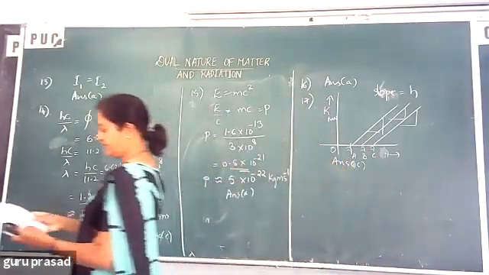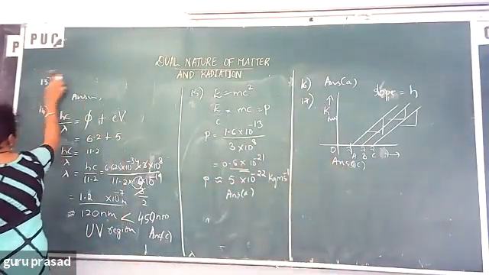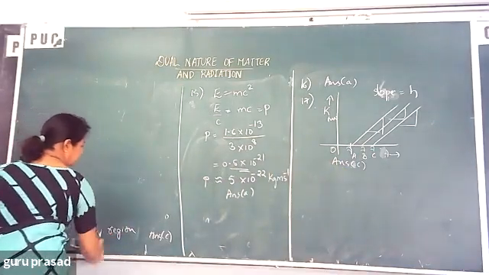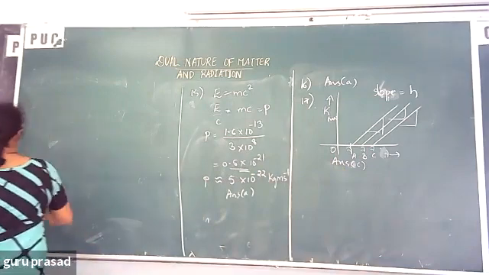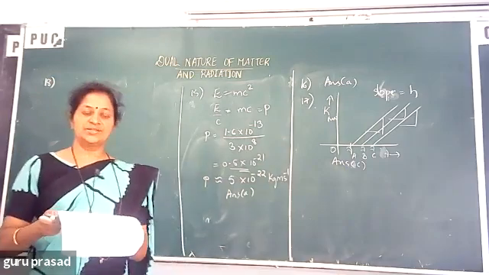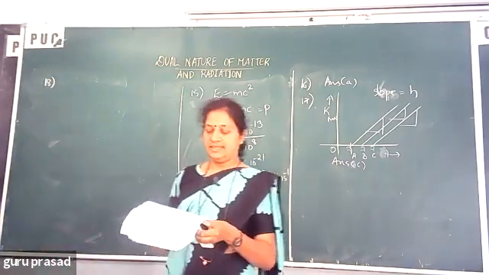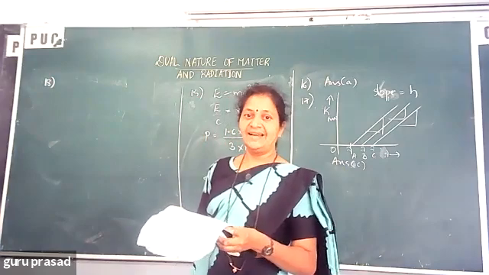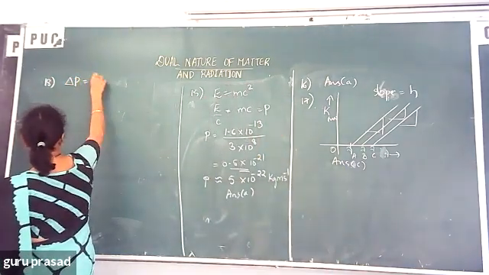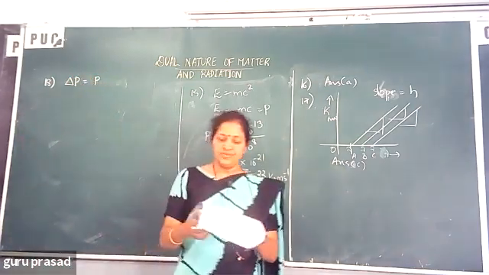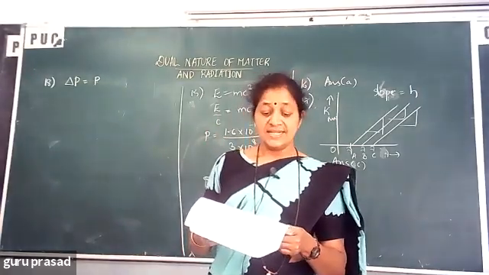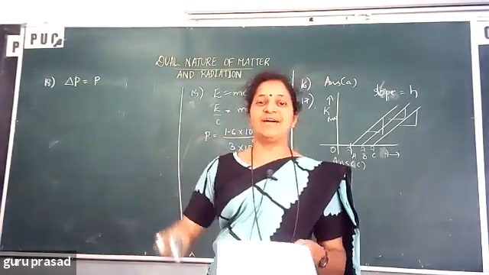Next, 18th one. If the momentum of an electron is changed by delta P, change in momentum, the momentum is changed by a value P, they say. Then the de Broglie wavelength associated with it changes by 0.5%.